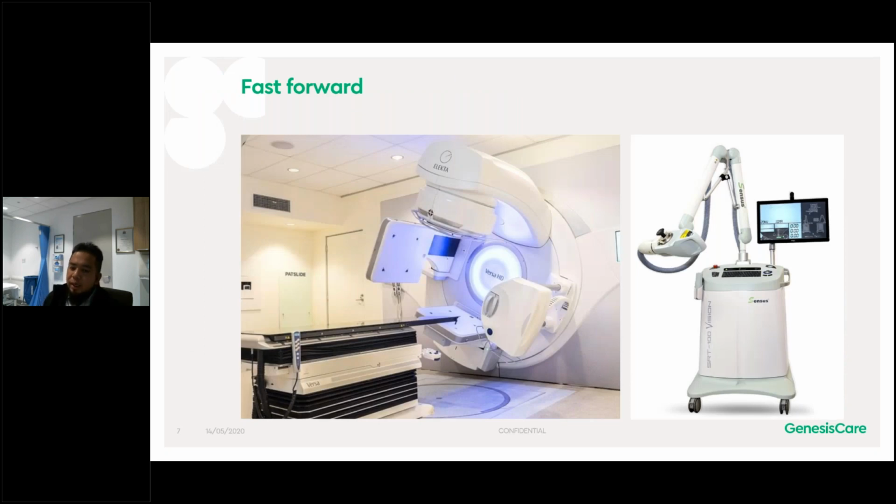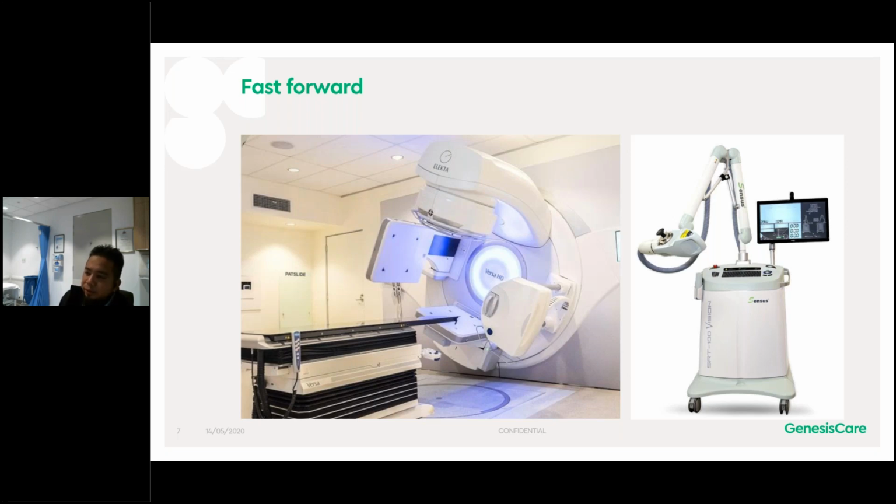So what do we have today? This is the kind of machine that I have now, in this center where I work in Mahendra. We've got a machine called Versa HD. It's probably one of the best machines being produced by this vendor. And to your right-hand side there, this is what we call a superficial machine for treating skin cancer.